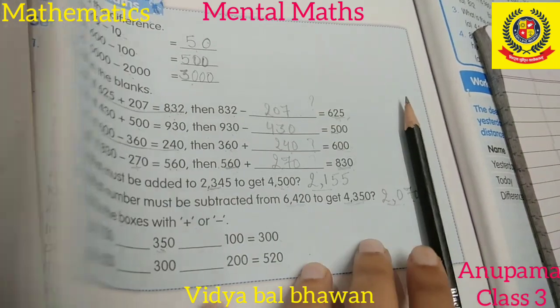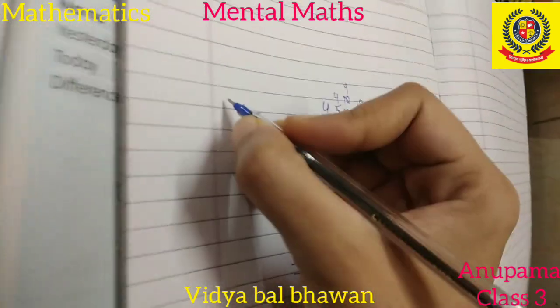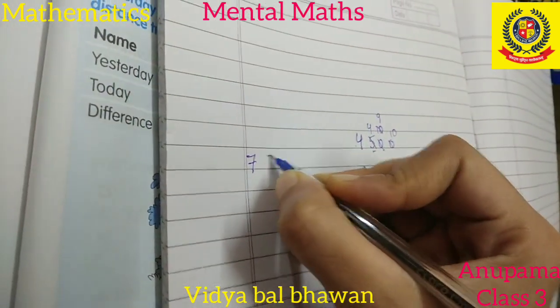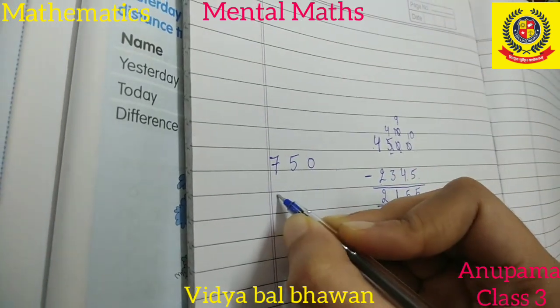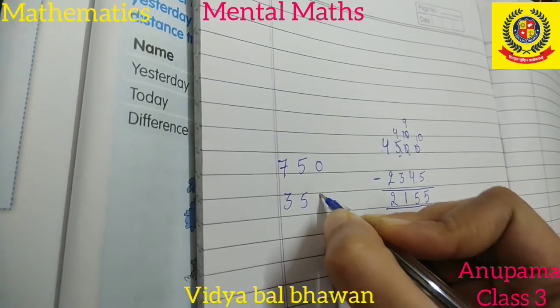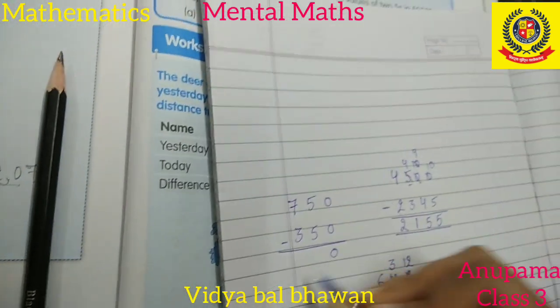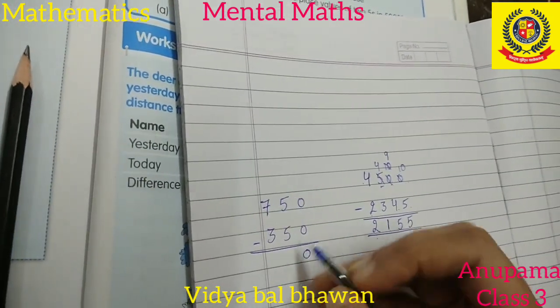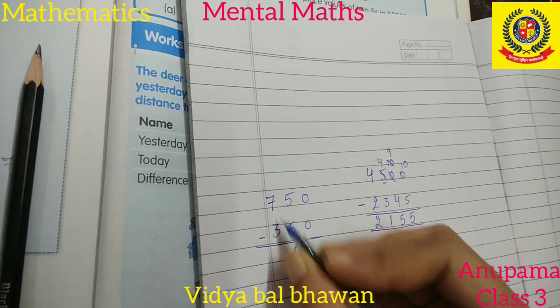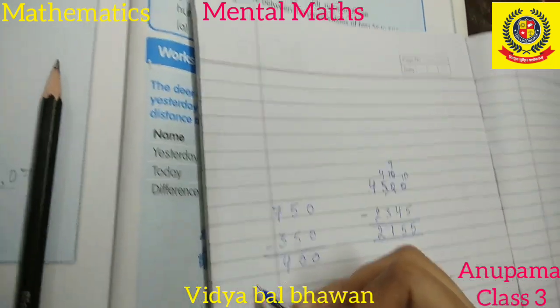Then we get the answer. What we will get? So we can check here. 750 minus 350, 0 minus 0, 5 minus 5, that is 0, and 7 minus 3, that is 4. Okay.